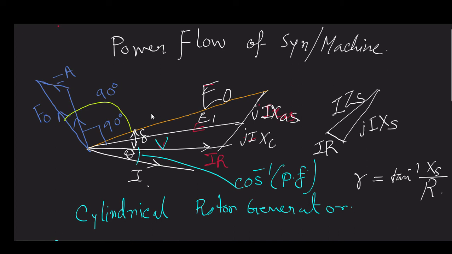Like indicating a situation where E naught is considerably greater than V. Think about it in terms of physical realization, how you can reach that point. Moreover, these are the two sides of the triangle now.